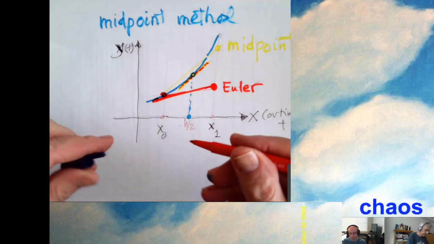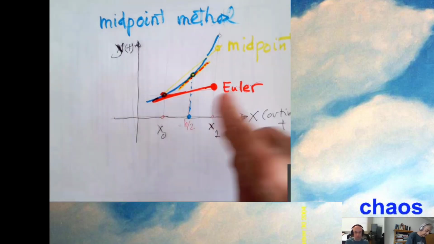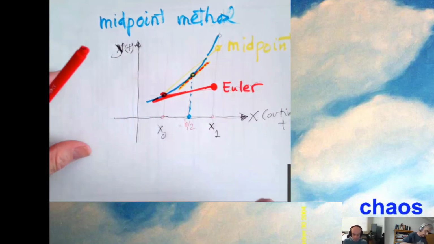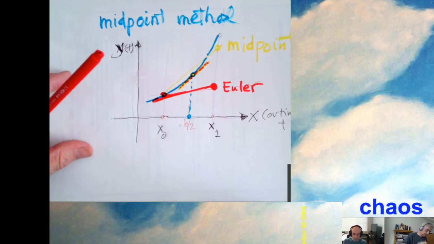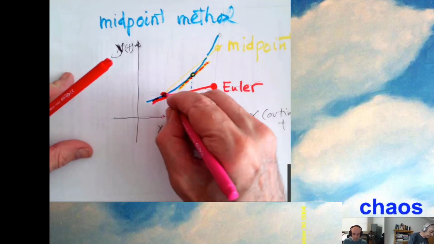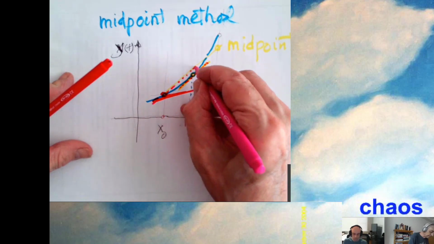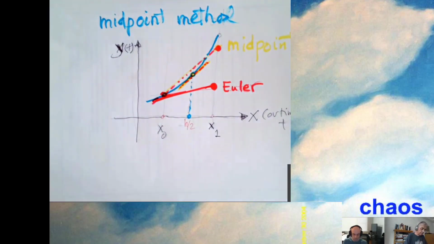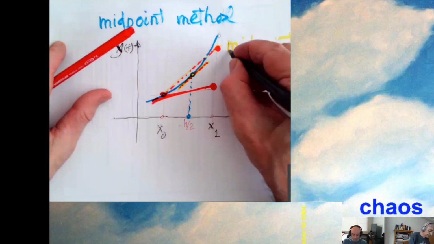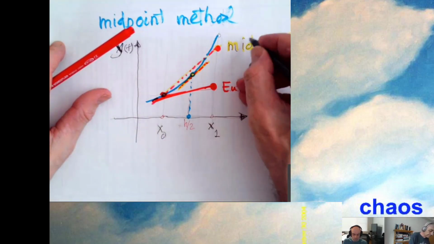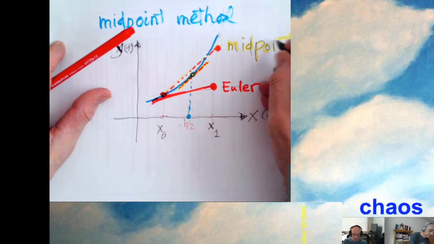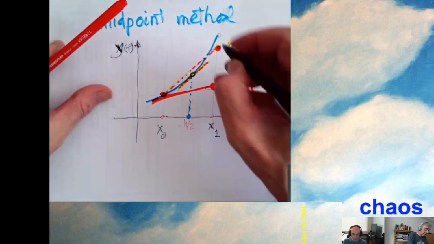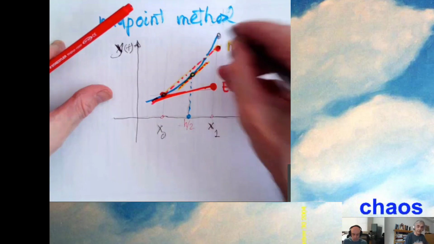So what it means is you actually increase by the slope, which has been improved by doing this calculation here. And you get a prediction, which is called a midpoint prediction. Much better than Euler. Now the true result is here.